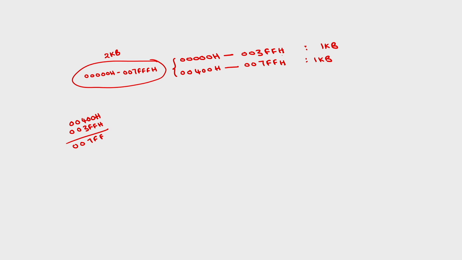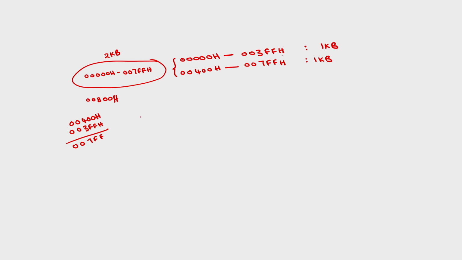Similarly, if I want 4K, this is 2K, 00000 to 007FF is 2K. The next address to this one is 00800H. So how to get another 2K?